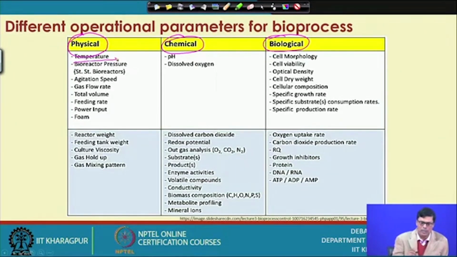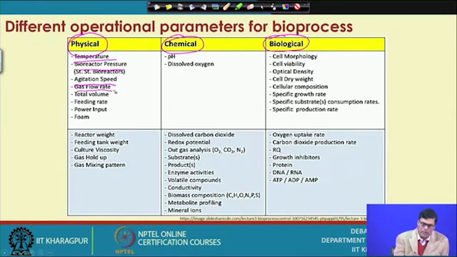The first parameter that comes into the picture is temperature, and the second is the bioreactor pressure, because usually our biological systems operate close to 1 atmospheric pressure. Agitation speed: we cannot increase the agitation speed too high, because we mostly use a mechanical agitator. If we increase the agitation speed, it gives some kind of shearing effect, and that will hamper the growth of the microorganism.